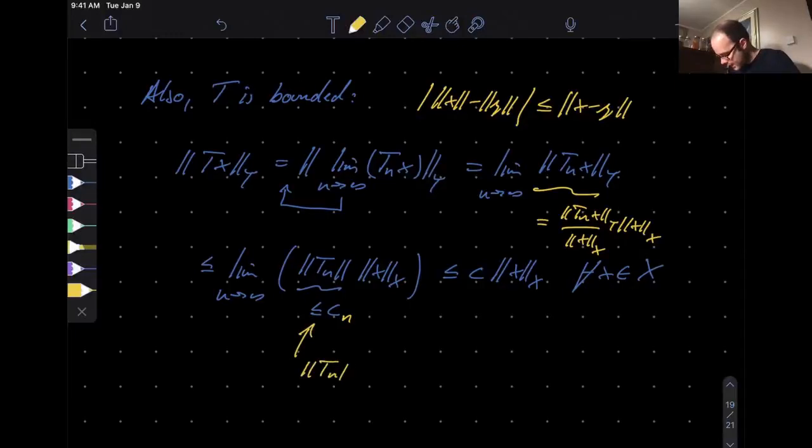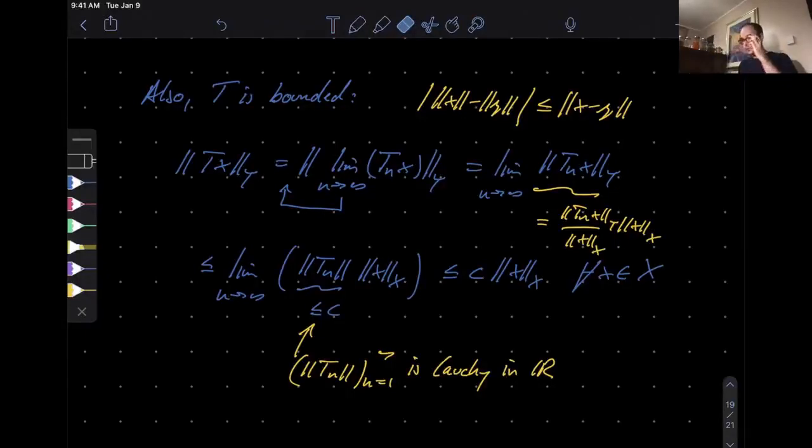So the sequence of norms of Tn is Cauchy in R. Okay, this is a Cauchy sequence of real numbers, and every Cauchy sequence is bounded. That's why here this constant actually is n independent. Okay, and that's why you have the result. Okay, but that is it. Also T is bounded, and this completes the proof of the theorem.